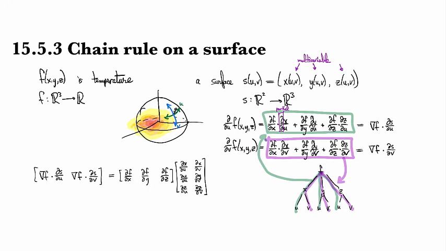And so, yeah, maybe I should explain just a little bit more. So this segment right here represents how f depends on z, and then this one right here represents how z depends on v.